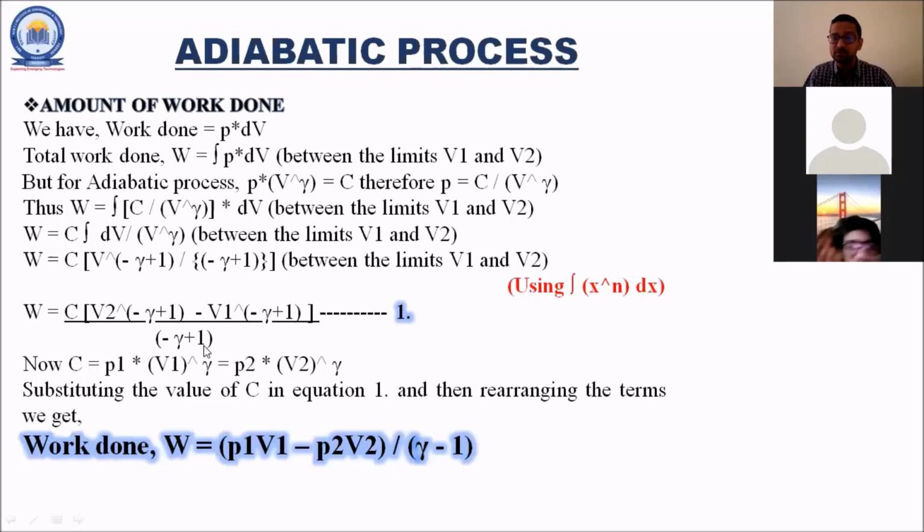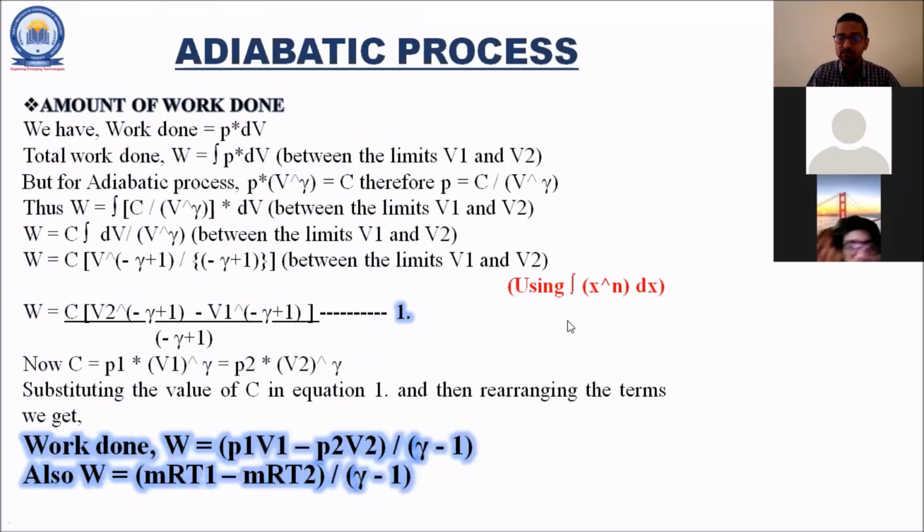Taking the negative sign common, finally I get W is equal to P1 V1 minus P2 V2 upon gamma minus 1. In place of P1 V1, I can write W is equal to mRT1, and in place of P2 V2, I can write mRT2, divided by gamma minus 1.